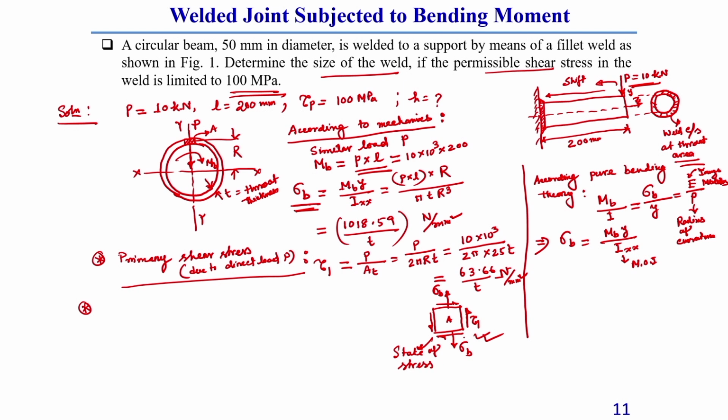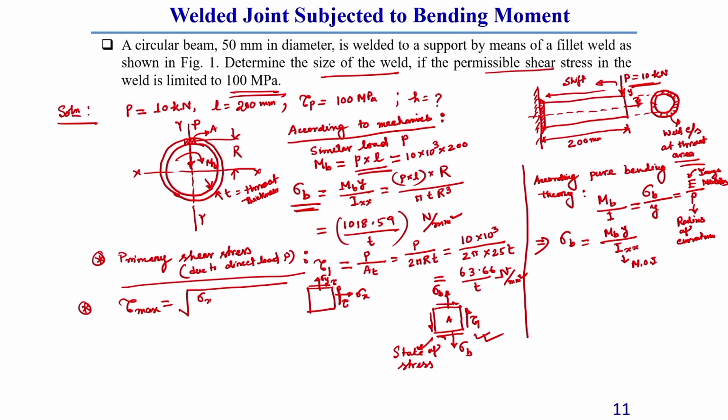So, based on this state of stress, we can find out sigma maximum, this formula we know. Let this be your sigma y, this be your sigma x, and there is tau. According to the formula, for finding out the maximum principal stress or maximum shear stress from Mohr's circle, we know this formula. I am not going into the details of the derivation.